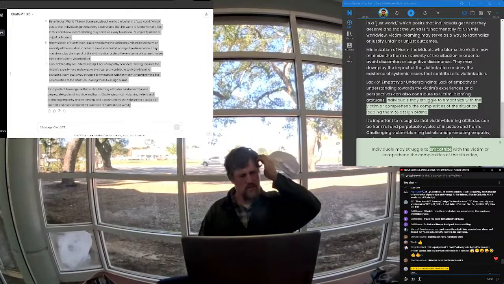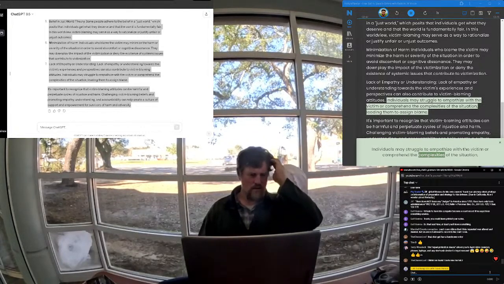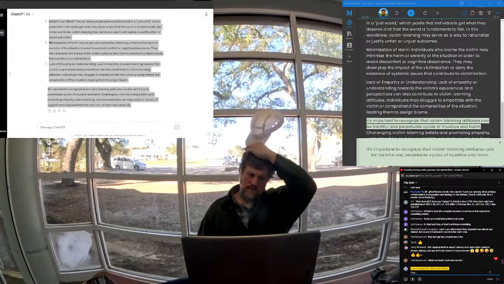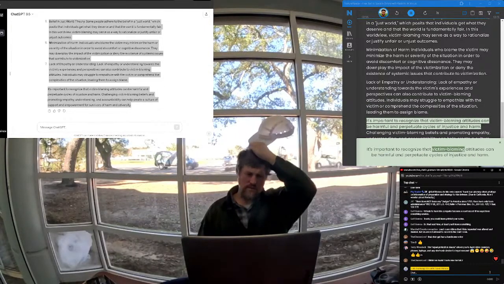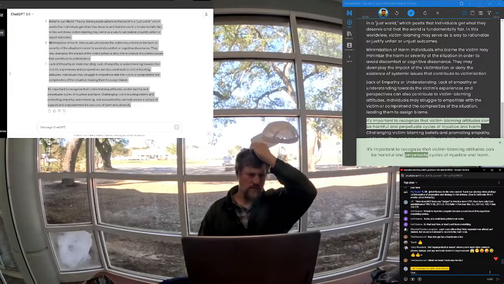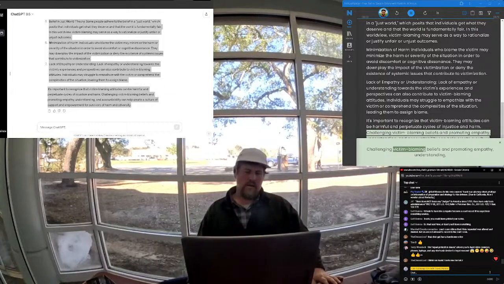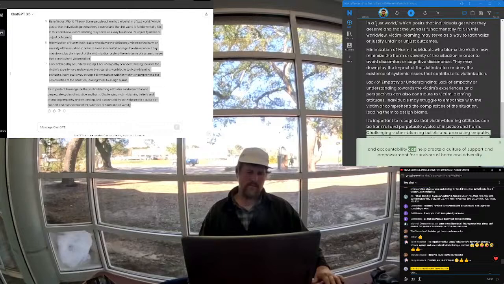Individuals may struggle to empathize with the victim or comprehend the complexities of the situation, leading them to assign blame. It's important to recognize that victim-blaming attitudes can be harmful and perpetuate cycles of injustice and harm. Challenging victim-blaming beliefs and promoting empathy, understanding, and accountability can help create a culture of support and empowerment for survivors of harm and adversity.